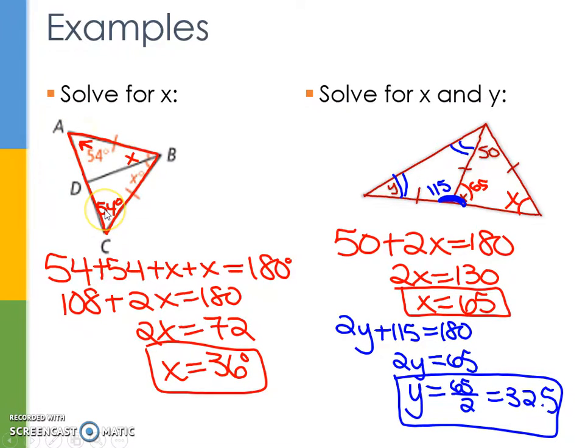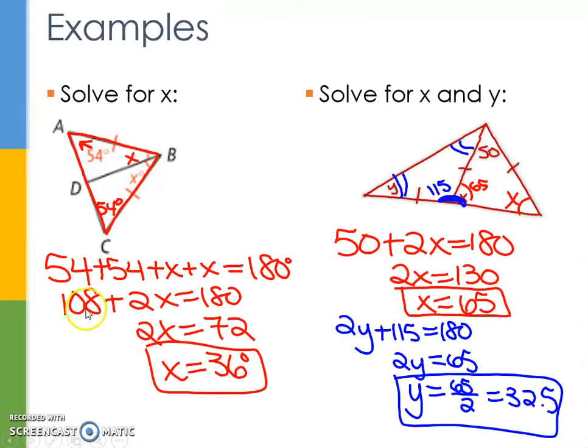That means this is 54, because this side and this side are congruent, so this angle and this angle are congruent. So 54 plus 54 plus x plus x should equal 180, because that's the sum of a triangle.